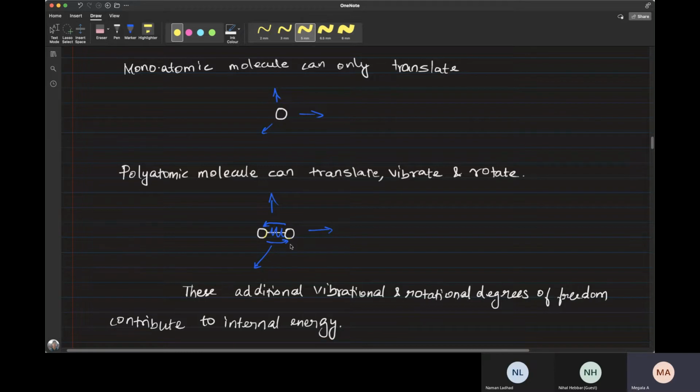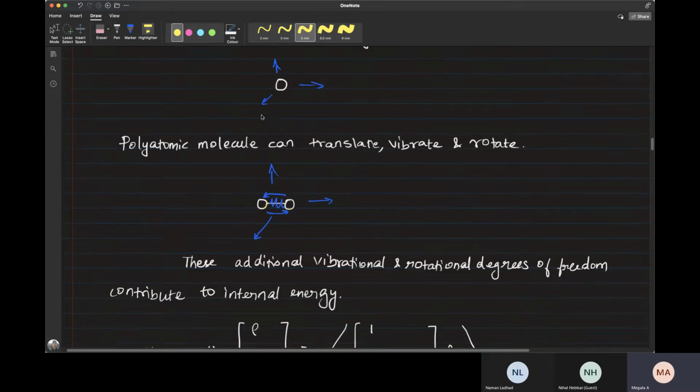Whereas a diatomic molecule, when it rotates, makes a difference in physical space. So we consider all three motions, translation, vibration, and rotation, for a polyatomic molecule, whereas for a monoatomic molecule we only consider translation.